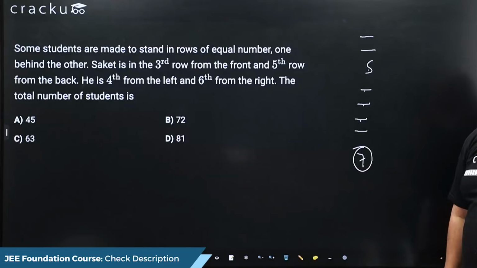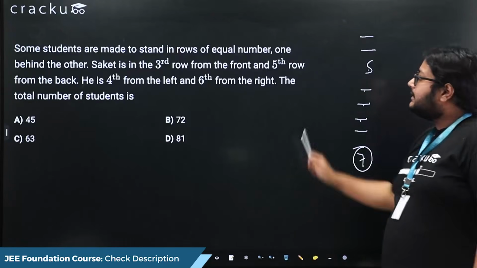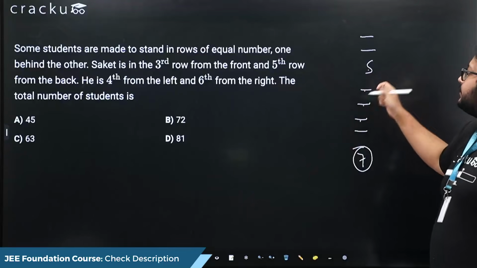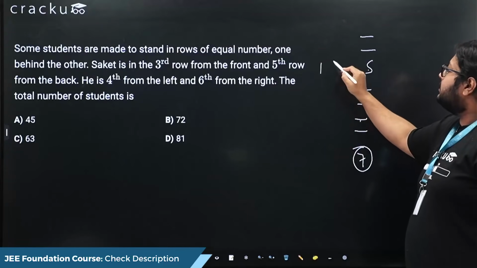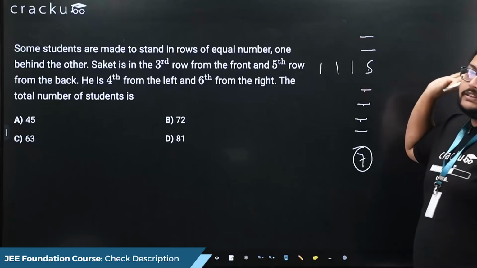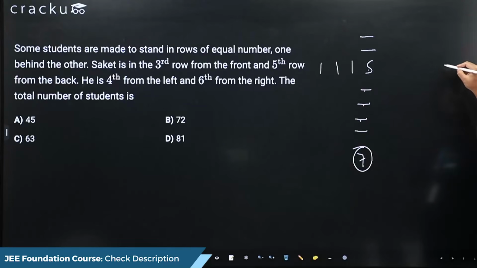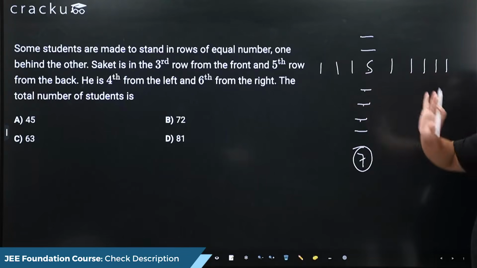The other thing says, fourth from the left. So if I'm counting from the left, then Saket is 1, 2, 3, fourth person here. And sixth from the right. So if I'm counting from the right side, then I have 1, 2, 3, 4, 5, sixth one is Saket.